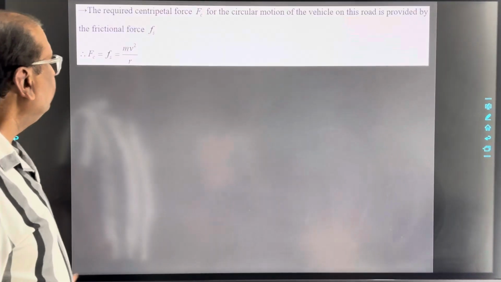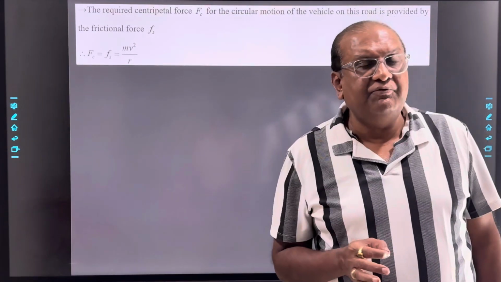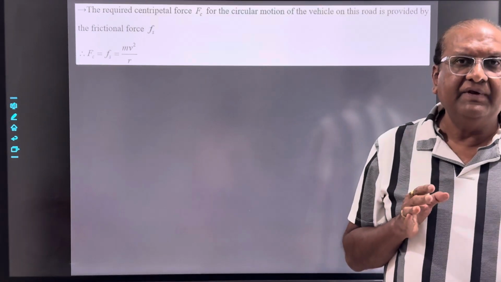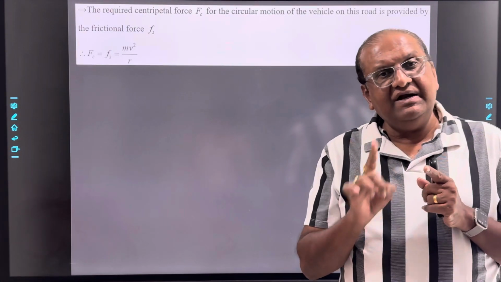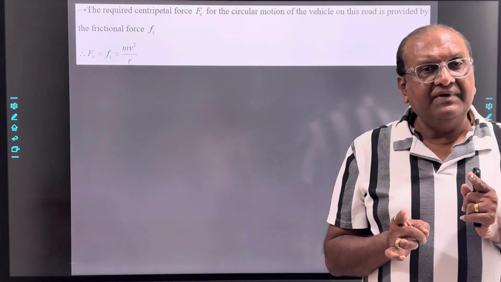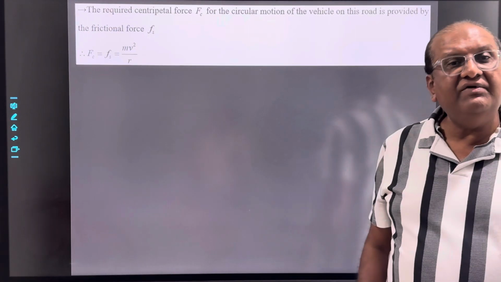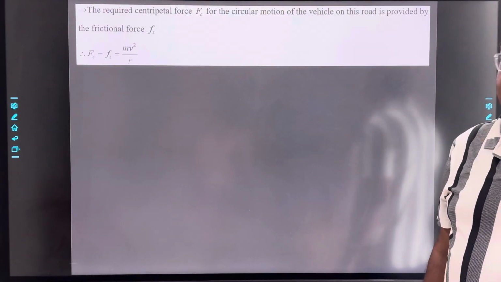Now see here, we must provide the centripetal force, and that is equal to mv square by r. So which force is towards the center? The friction between tire and road, parallel to the surface towards the center, will provide the required centripetal force mv square by r.